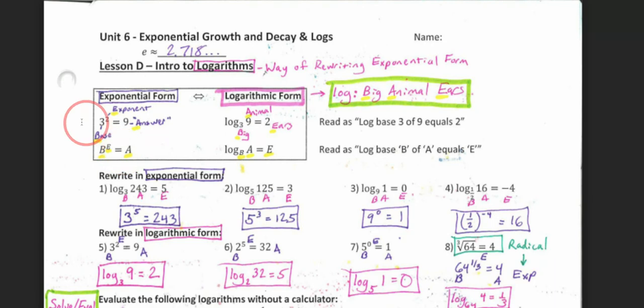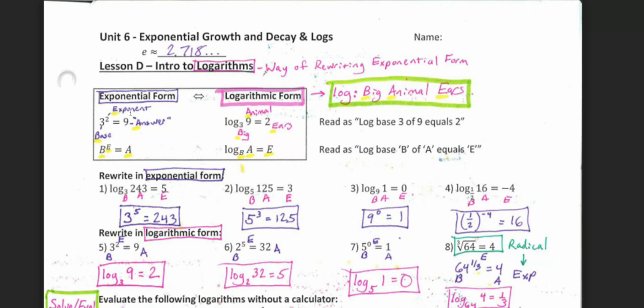Now, if I wanted to write this same expression in logarithmic form, first I am going to need the word log. So that's how I identify logarithmic form versus exponential form: it has the word log. The order that I write all of those same exponential pieces goes in the order of big animal ears, where B is my base, 3.